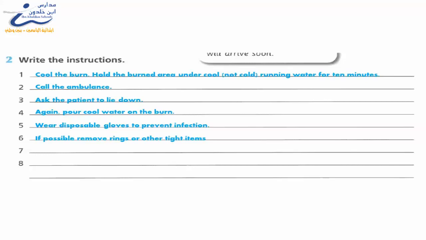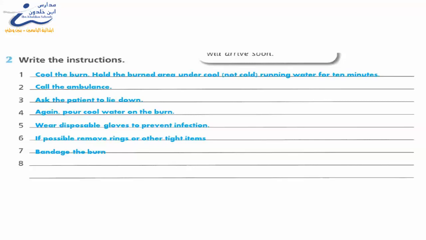Number 7. What can you see in the picture? So you have to bandage the burn. Bandage the burn. This means you are going to put some bandage on the burn.